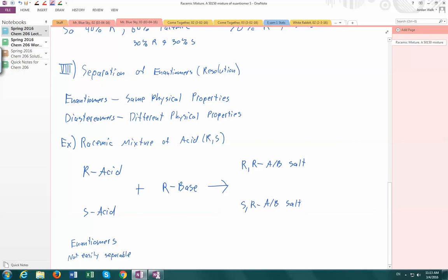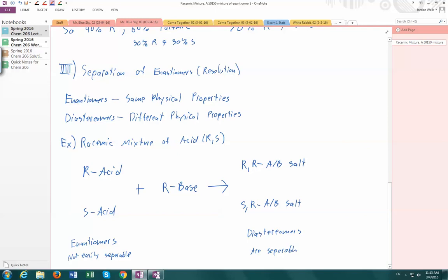And so the relationship between those two things, are they enantiomers or are they diastereomers? They're diastereomers now. They're not complete opposites. They don't have the opposite handedness. And so now what we've got are diastereomers. And so those are separable.